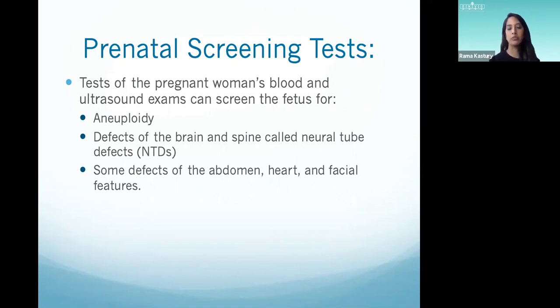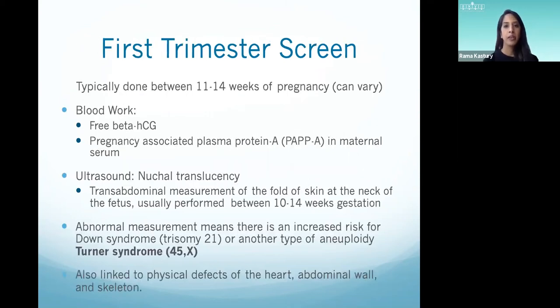They can also look for neural tube defects and certain defects of the abdomen or belly, the heart, the facial features, and other organs. The first trimester screen is usually done between 11 and 14 weeks, and that can vary based on your practice and your doctor's preference.